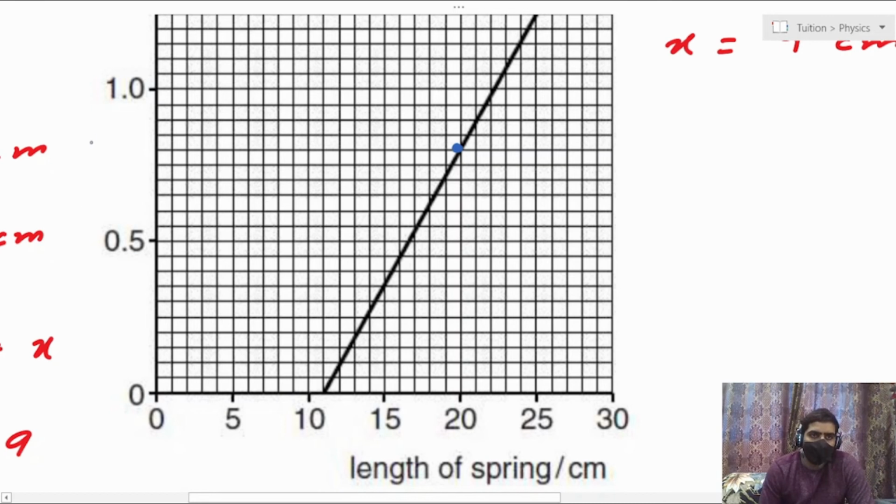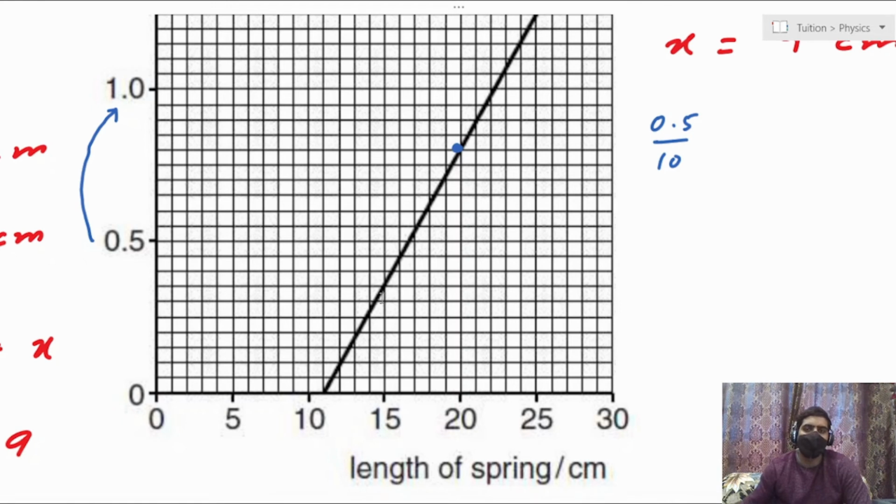From 0.5 till 1 Newton, you have a difference of 0.5, and that difference is being divided by 10 lines. All right, so what does one line represent? You divide these two and you'll find out that one line represents 0.05.